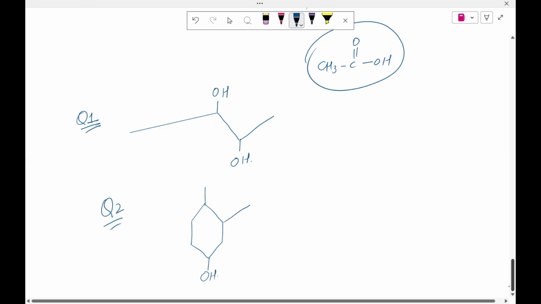Now you have to tell me which one would be oxidized and how it would be oxidized, and which one would be primary and which one would be secondary. So kindly complete this work. When I rejoin, I'm going to ask you questions.